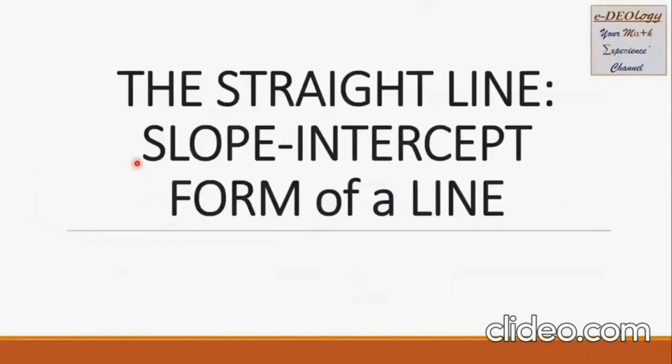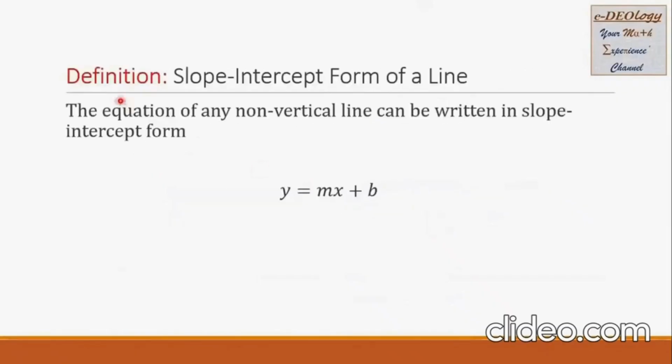Hi everyone, today we're going to study slope-intercept form of a line. Let us define slope-intercept form of a line. The equation of any non-vertical line can be written in slope-intercept form.